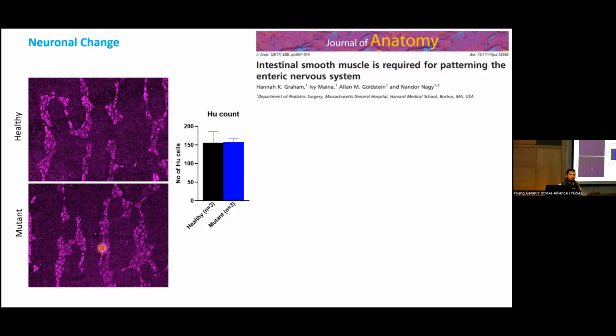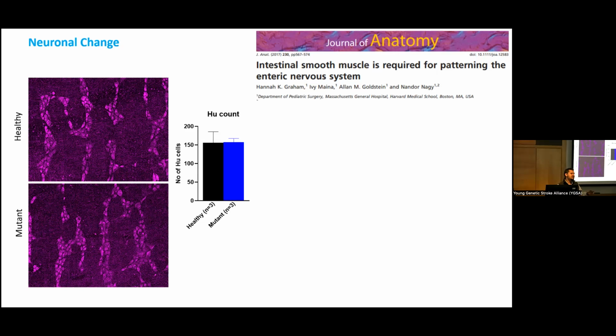But if you take the smooth muscles out of the gut, the neuronal pattern is particularly lost. Because, as I told you at the beginning, the myenteric plexus is actually in between two muscle layers, the longitudinal and the circular muscle. So if those muscle cells are missing, the neurons cannot form a pattern.